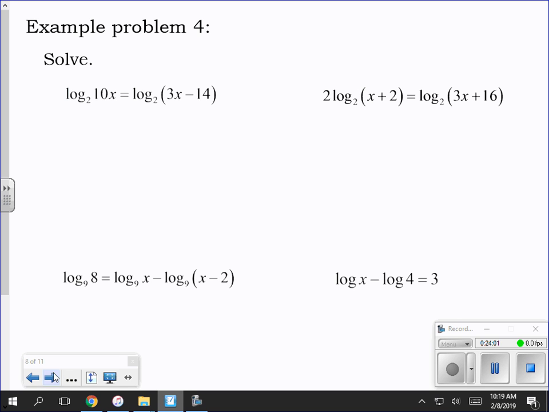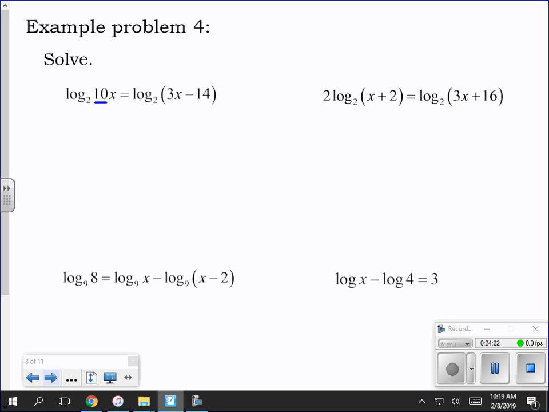Okay, these are solving. So the first one, and we have a new method of solving. The new method of solving is log on both sides. I have log base 2 of 10x equals log base 2 of 3x minus 14.